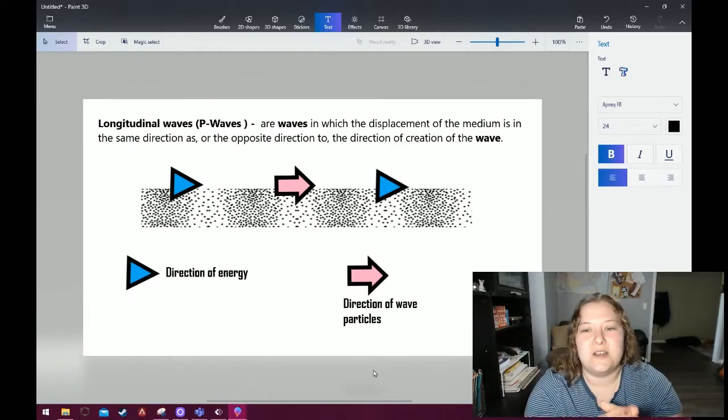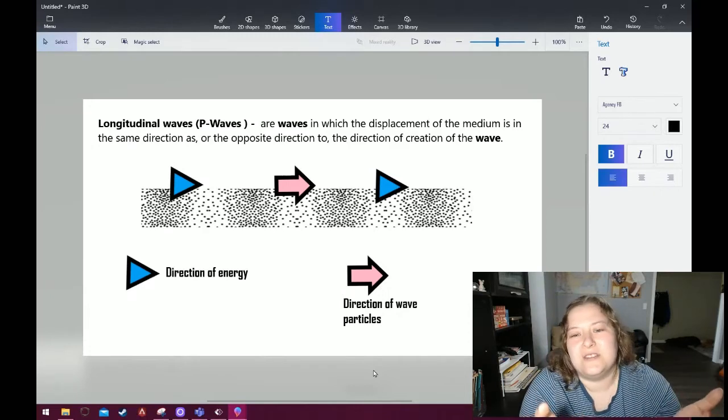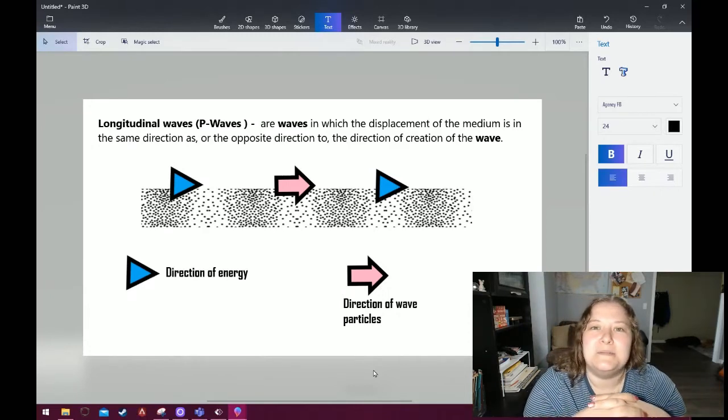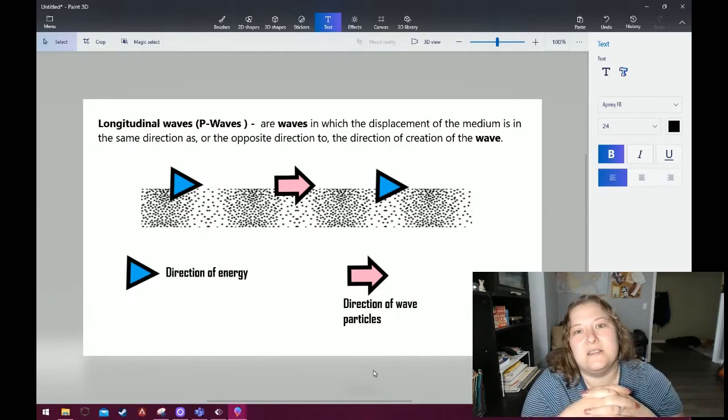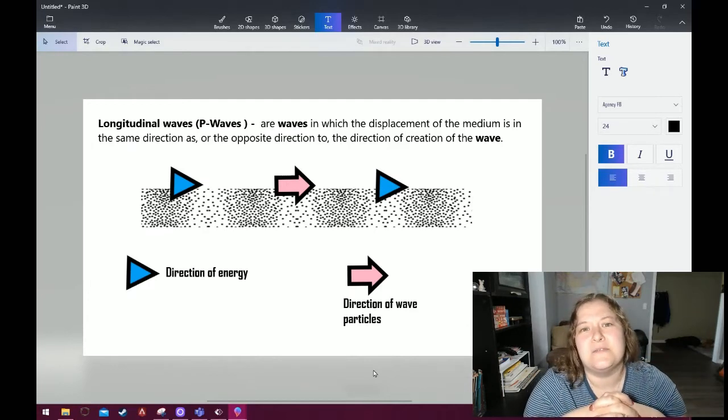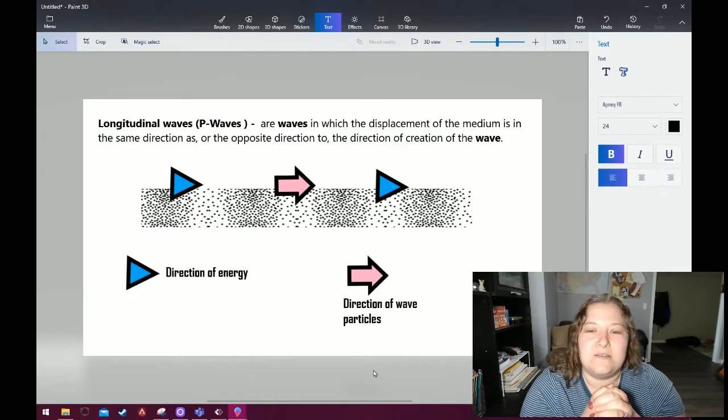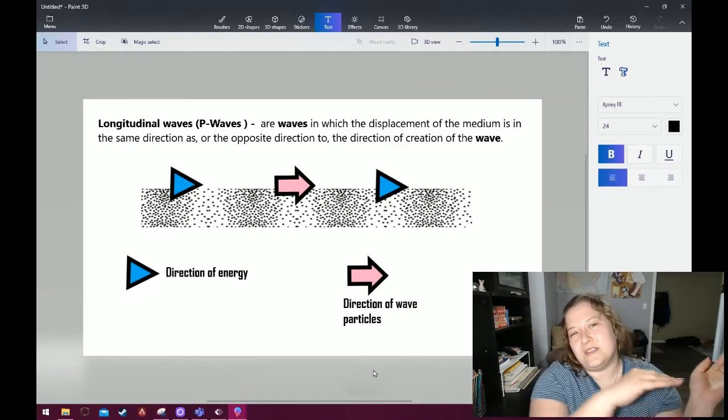The displacement of the medium, which is air particles and sound, water in the depth of water, could be so many different mediums when you're thinking of longitudinal waves, you know, Earth, when we're talking about earthquakes. And the energy travels in the same direction.